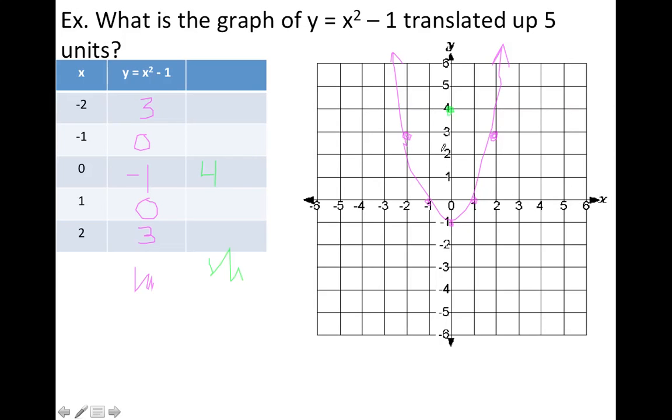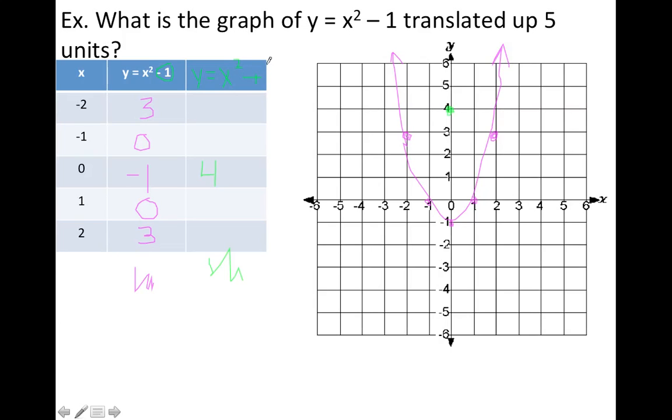Do the same thing for every point. Or, look at your original equation, y equals x squared minus 1. Since we're translating it up, we look at our term not grouped with x, which is -1, and we add 5 to it, so our x squared stays the same. And -1 plus 5 is +4.